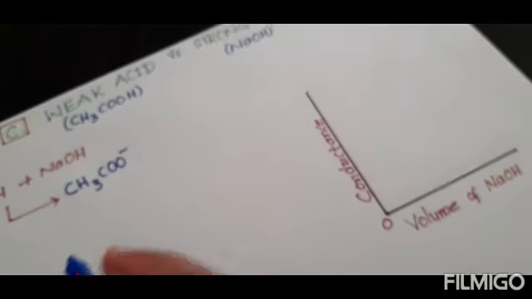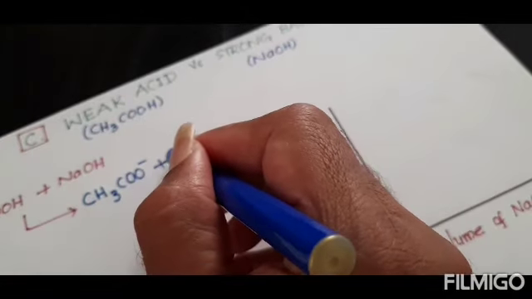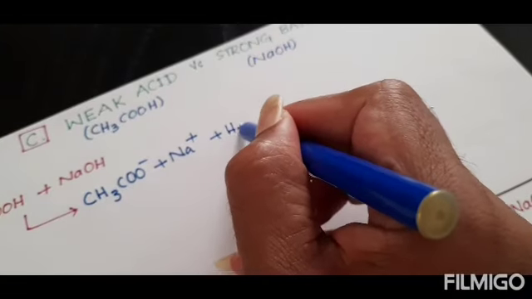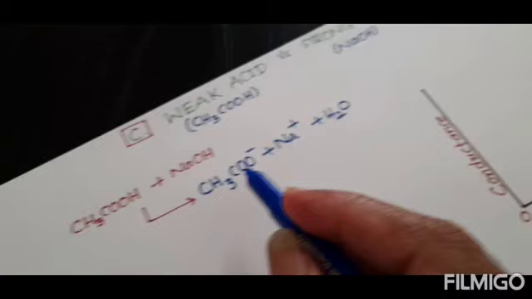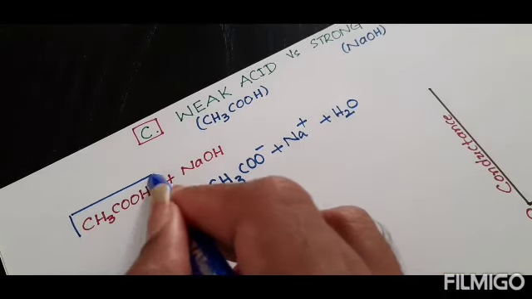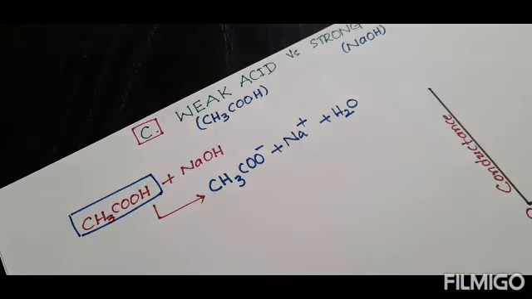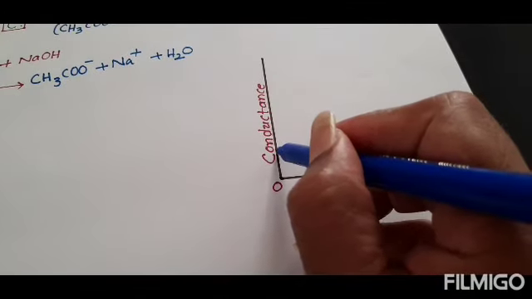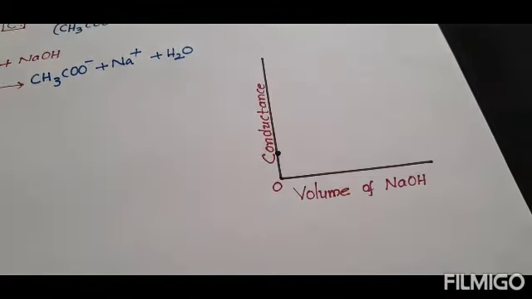CH3COO minus plus Na plus and water. Acetic acid is a weak acid. Because of its poor ionization, in the graph its conductance point will be nearer to 0.